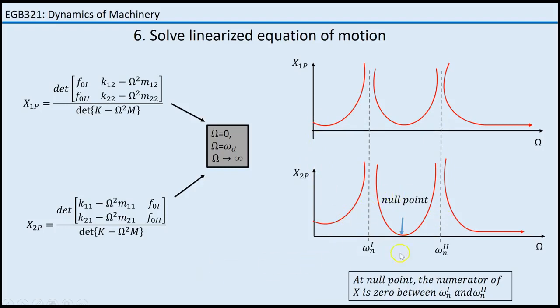You can see for x2p we get a null point, where in between the two natural frequencies x2p is 0. This is called the null point, and at this point the numerator of x, which could be any one of the amplitudes, is 0. We get this null point between the two natural frequencies. That means two resonances.